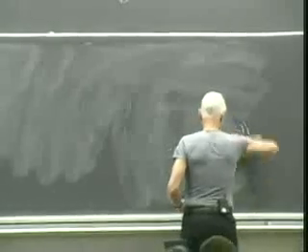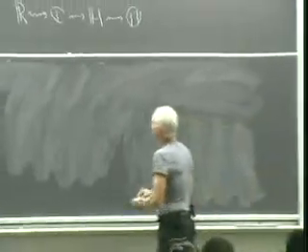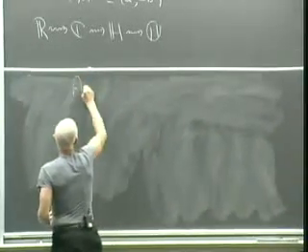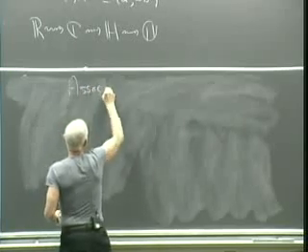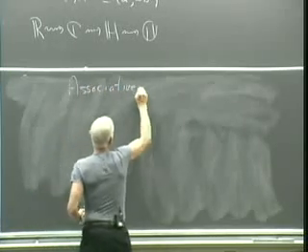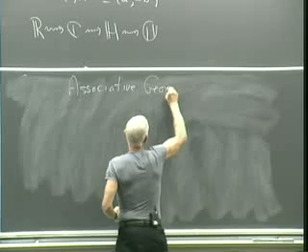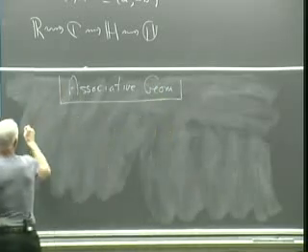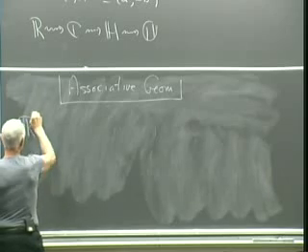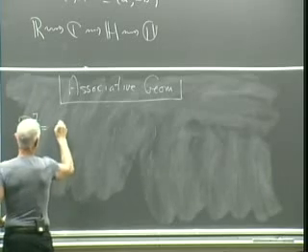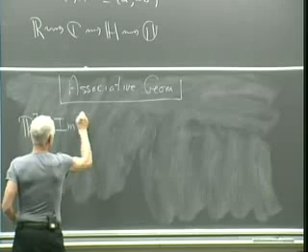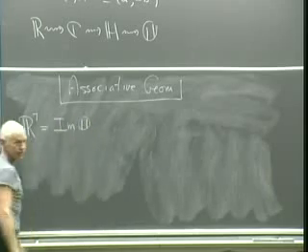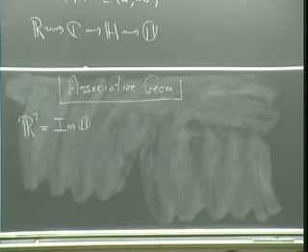So let's begin with associative geometry. Here I'm going to be looking in Euclidean 7-space, which will be identified with the imaginary octonions.